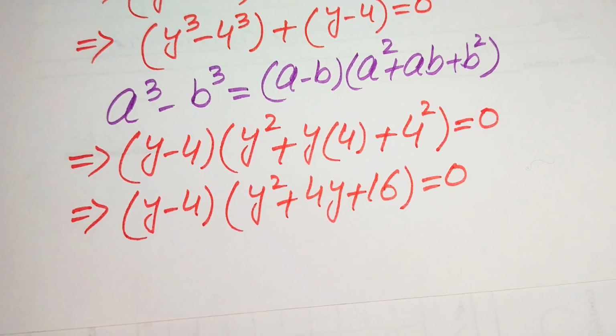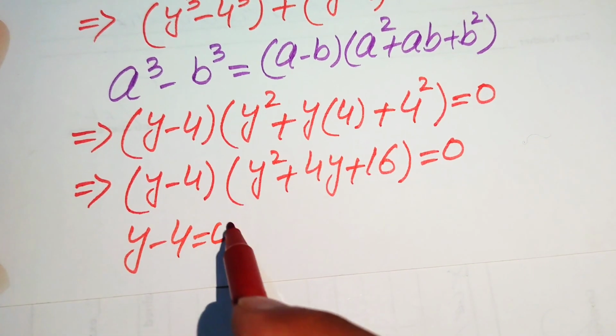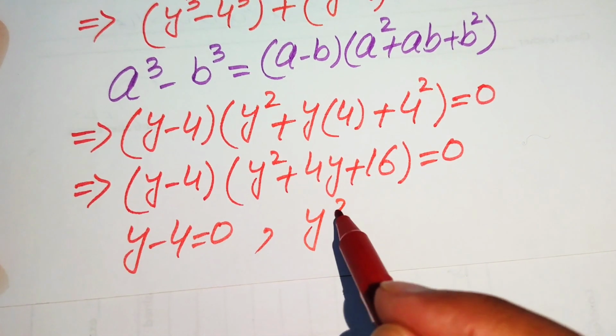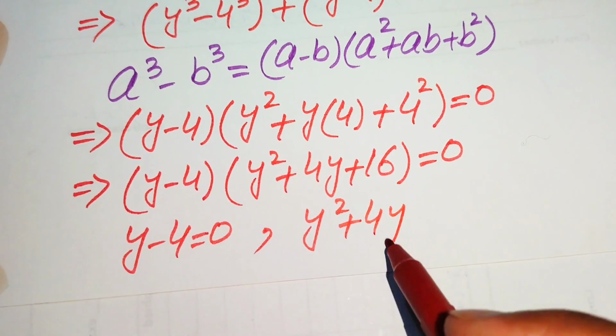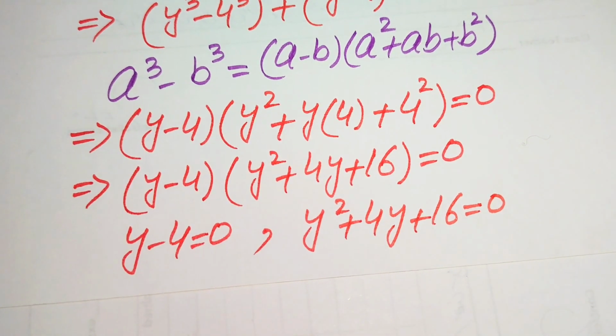And now further we divide this equation into two cases. Our first case is y minus 4 equals 0, and the second case is y square plus 4y plus 16 equals 0.